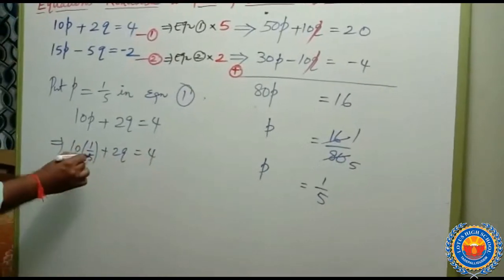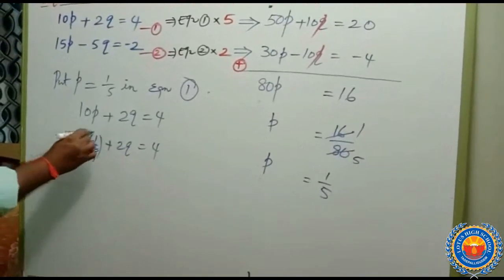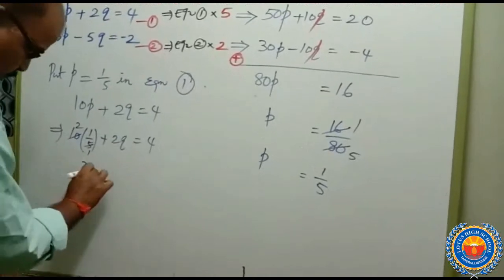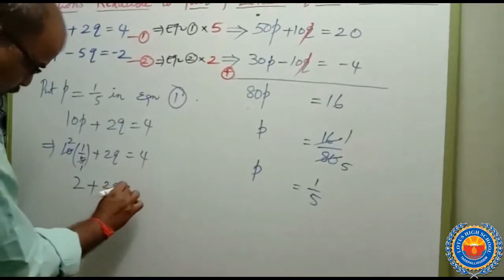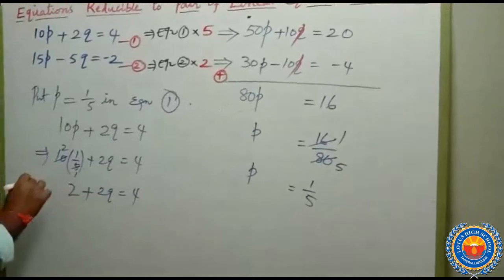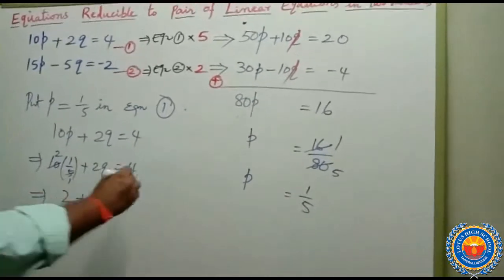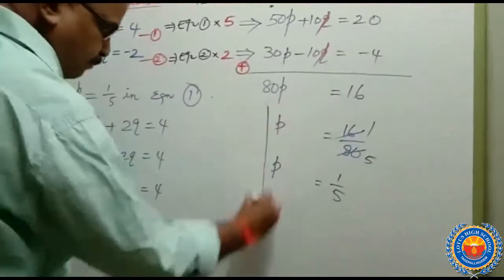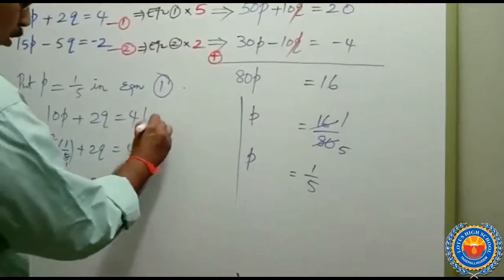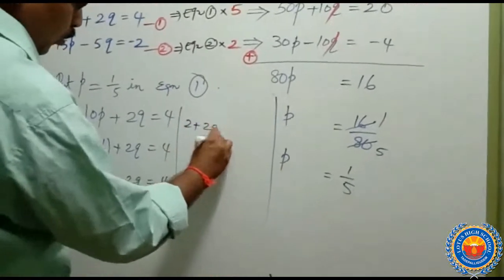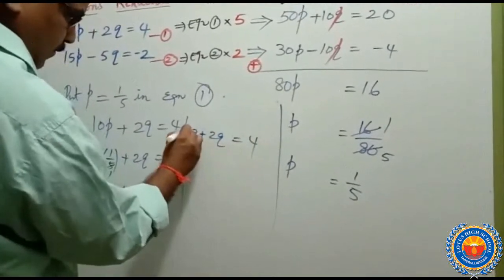So 10 into 1 by 5, 5 table 1 time, 5 table 2 times, that is nothing but 2. 2 plus 2q is equal to 4. That implies, here I am writing, 2 plus 2q is equal to 4.